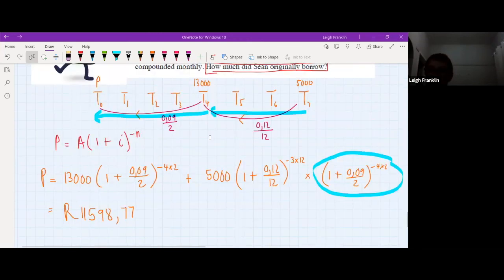So what he pays back at the end, starting here with this final payment of 5,000 Rand, goes all the way back to what he originally borrowed. Because remember, when he makes this payment here, he's repaying this.